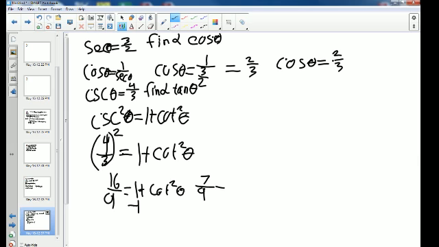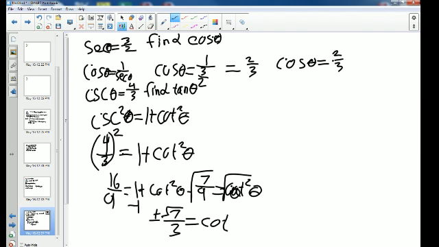Then you're going to square root both sides. So you're going to square root 7/9 and square root cotangent squared in order to make it cotangent. So you're going to end up with plus or minus the square root of 7 over 3, which equals cotangent theta.